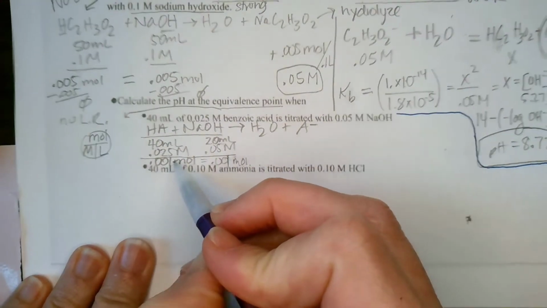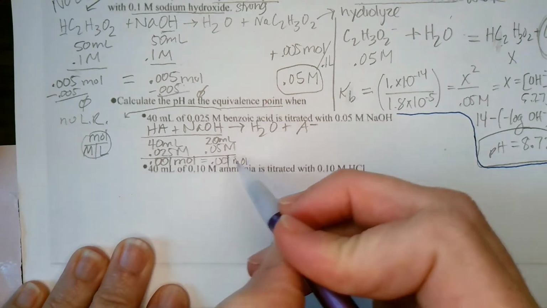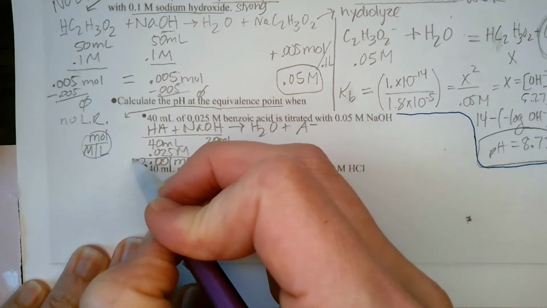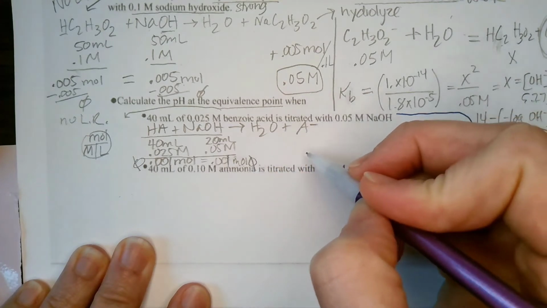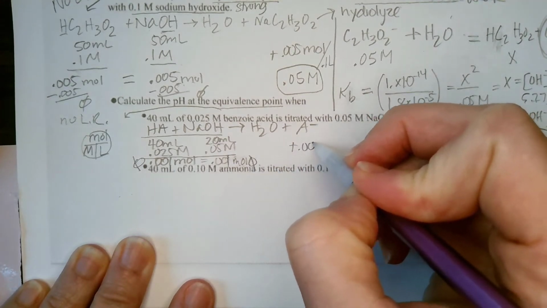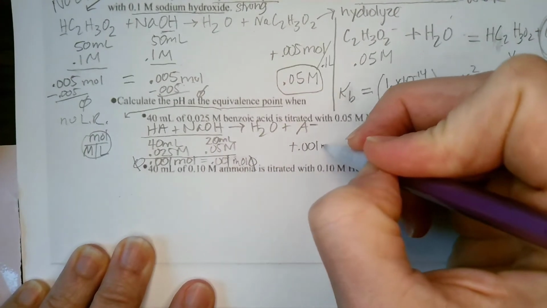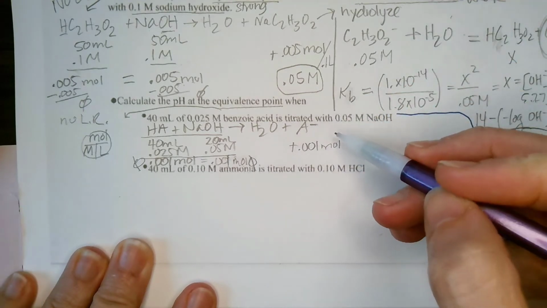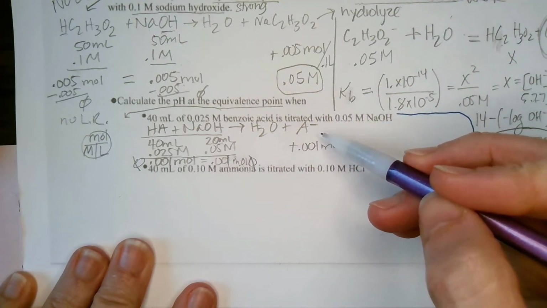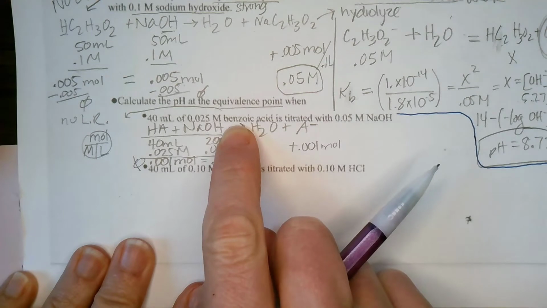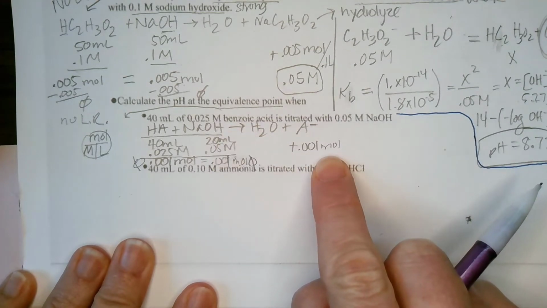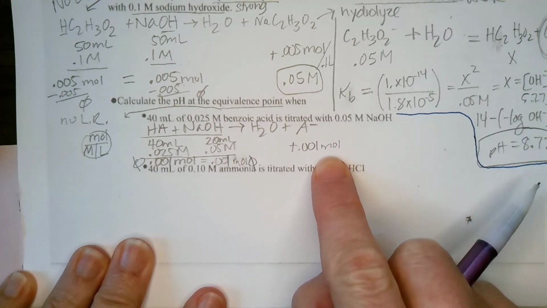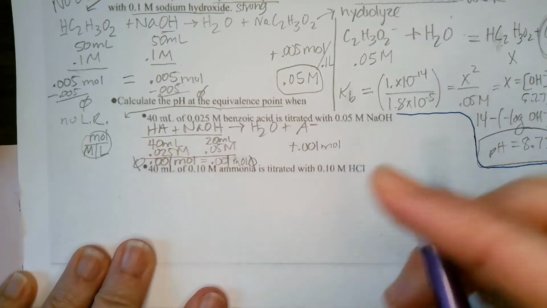Now, we know that we're going to subtract 0.001 and 0.001, so we have no reactants here. That means we're going to add 0.001 moles of my conjugate base, which would be benzoate. We also know that benzoate is going to hydrolyze, right? Because it's from a weak acid.